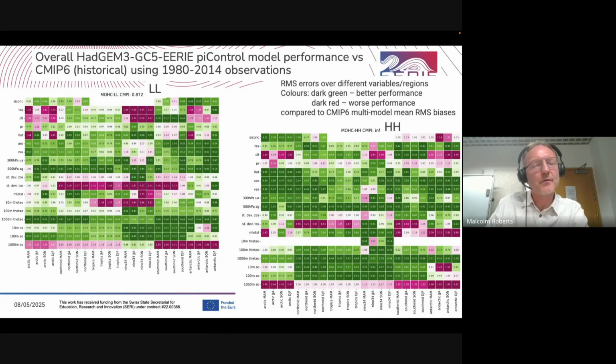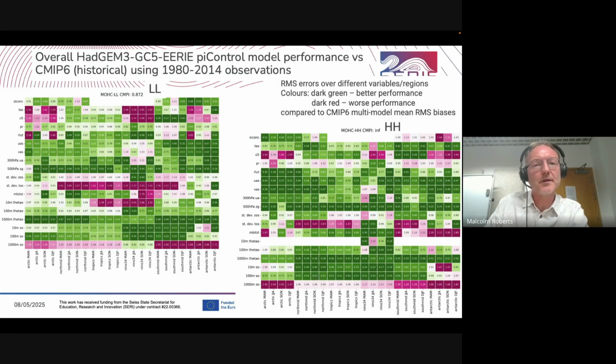And so I think overall you can see that HH does a pretty good job of the mean climate. You can probably see in the Arctic and Antarctic, which are the left and right sides, that there are certainly issues with some aspects of the model there. But as I say, the sea ice we know is poor there as well. But overall it's doing a pretty nice job in terms of mean state.